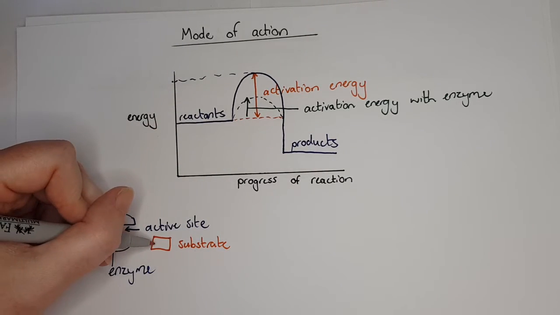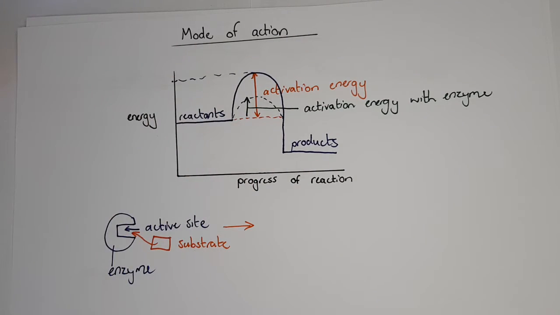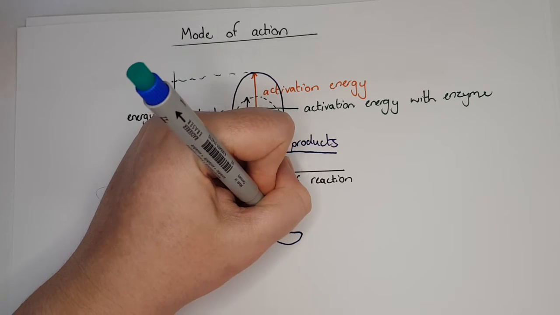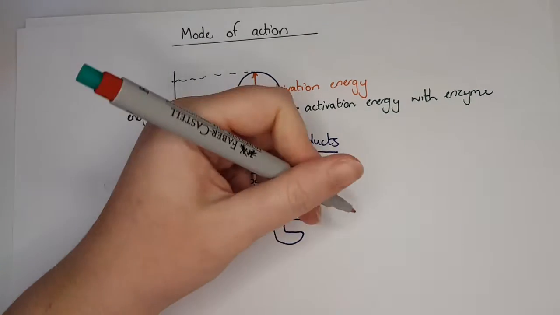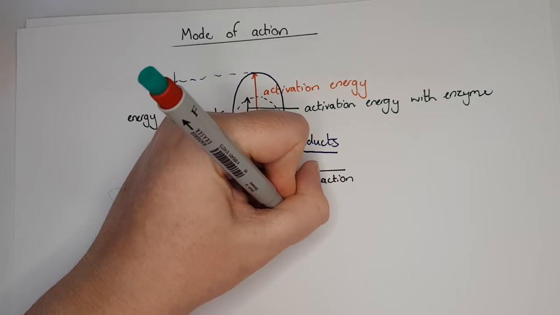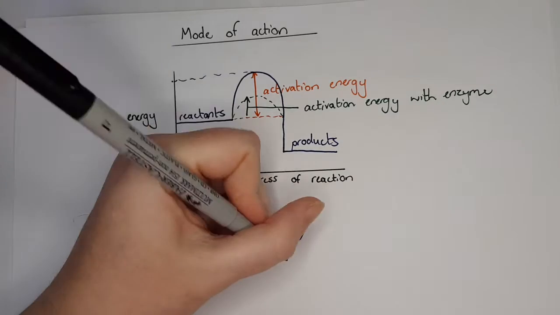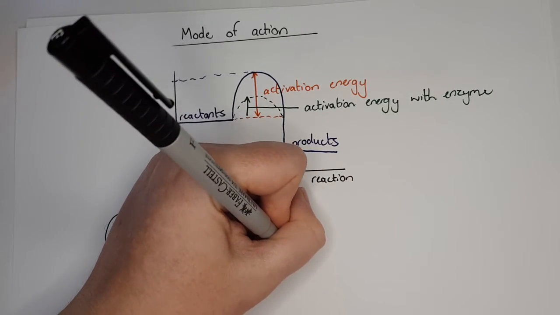That substrate is going to move into the active site, and we are going to end up with one molecule that has an enzyme and a substrate in it, and we call that an enzyme substrate complex.